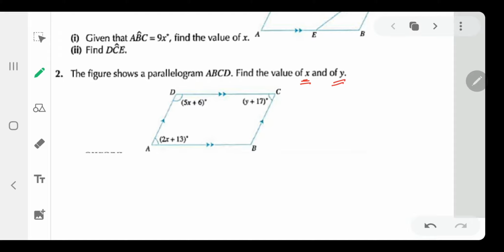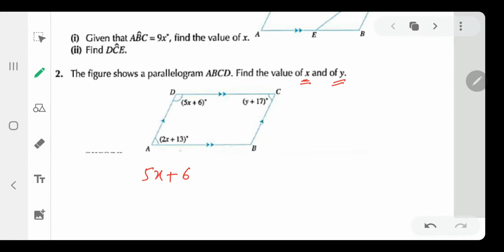So to find the value of x, we will use the concept of interior angles. So we should write this angle 5x.